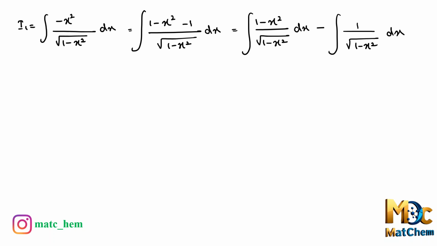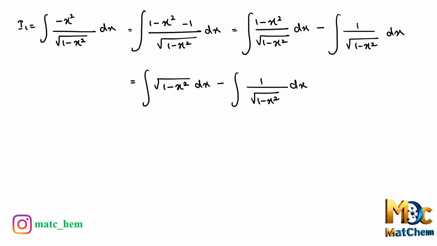Here 1 minus x square is the square of square root of 1 minus x square, so root to root cancel. So you will be getting integral of square root of 1 minus x square dx minus integral of 1 by square root of 1 minus x square dx.